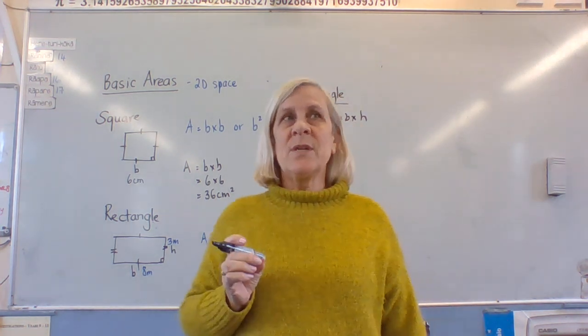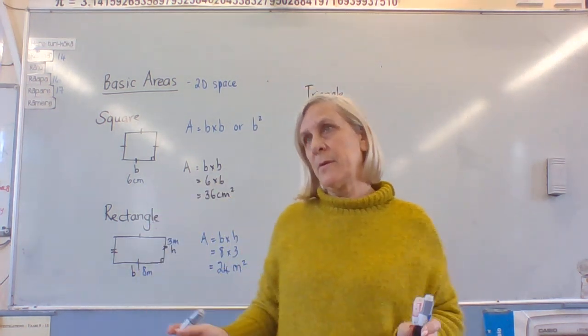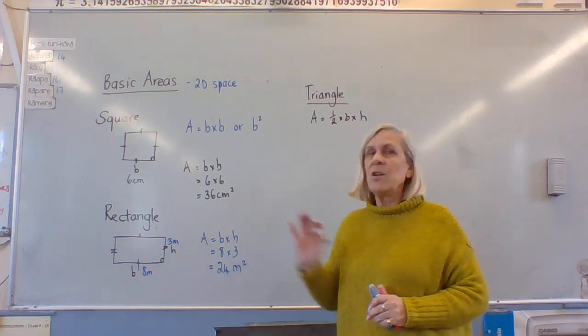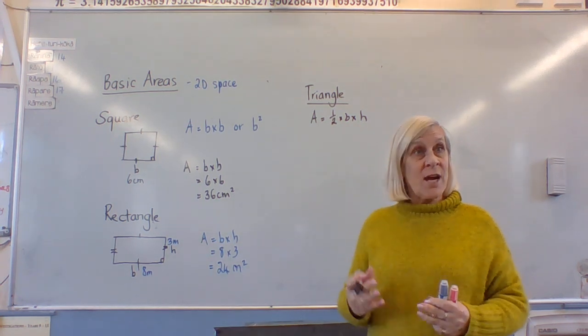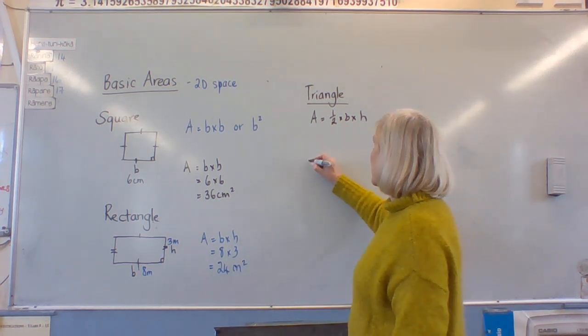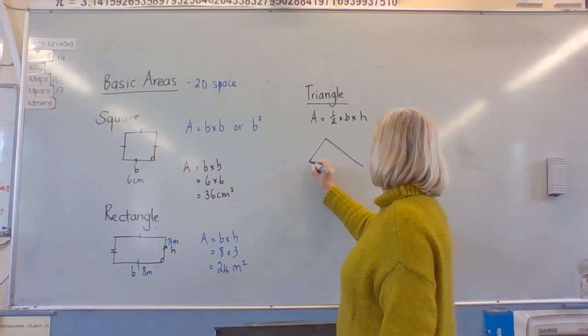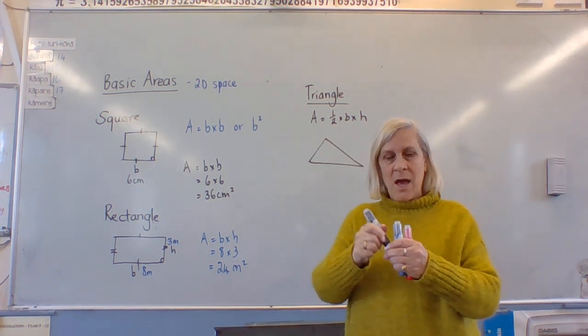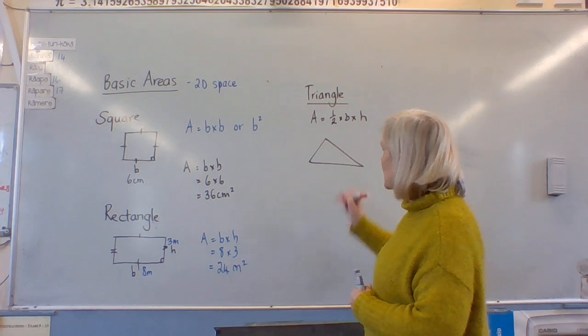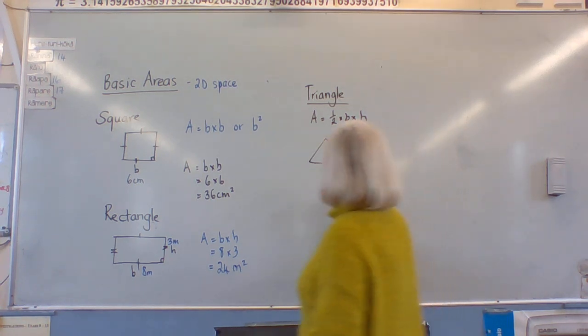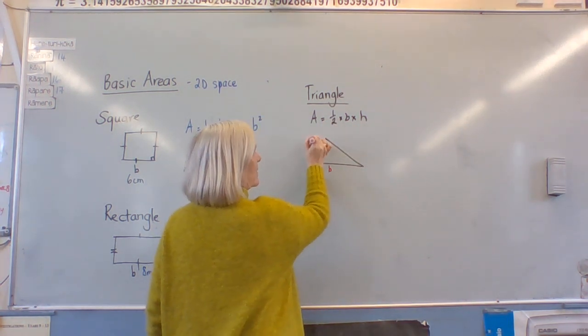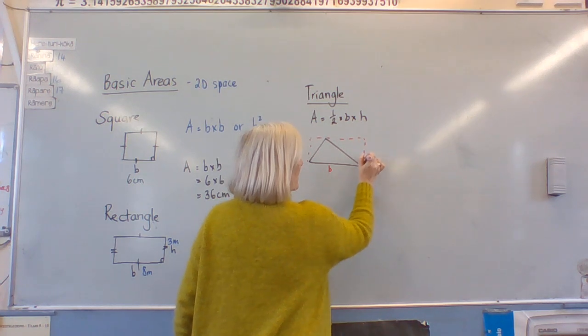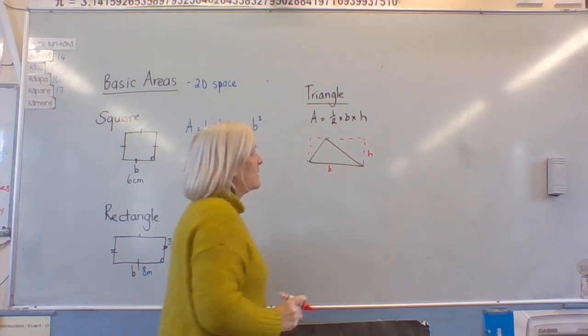That's because we can wrap a rectangle around any triangle, no matter what it looks like. I can say this is going to be the base. Then I can go up here. This is the height.